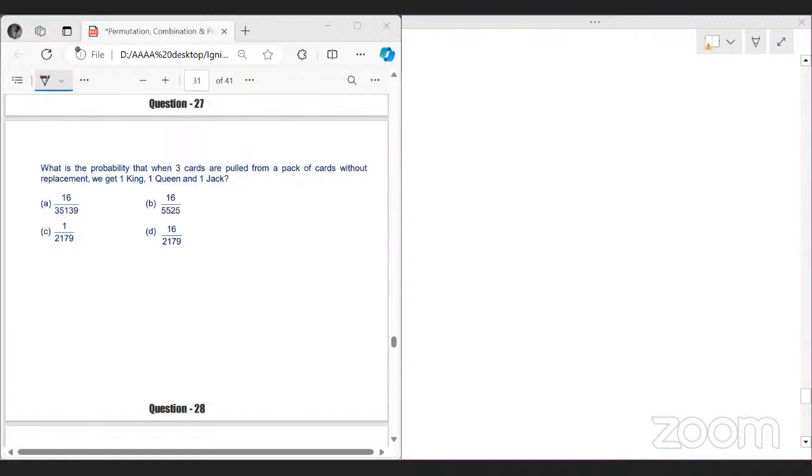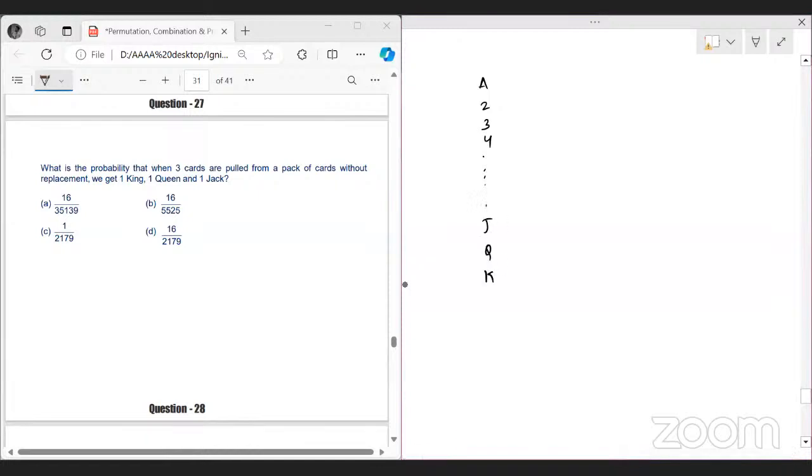Okay, Kashvi. Let's see. The probability that when 3 cards are pulled from a pack of cards without replacement. First of all, how many cards are there in a pack? 52. It starts from A, 2, 3, 4, likewise up to Jack, Queen, King.